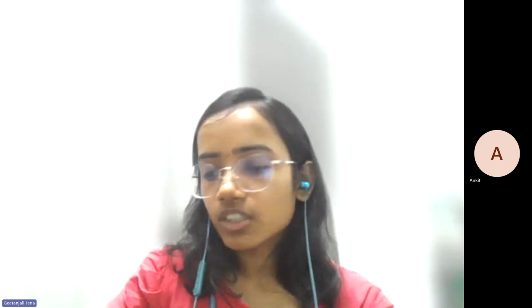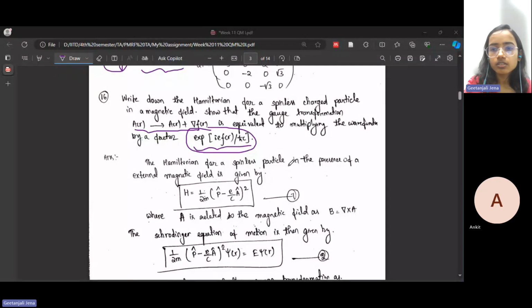So the Hamiltonian for a spinless particle, you can write it by equation 1, which is H equal to 1 by 2m, p minus e by c A cap, whole square. Okay.